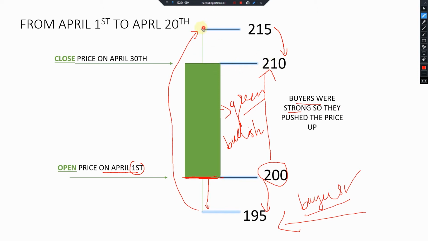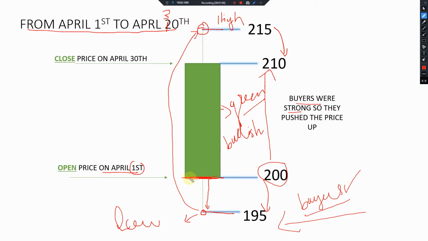This top point is called the high of that month, and this point is called the low of that month. So in the month of April, from April 1st to the 30th, what happened?